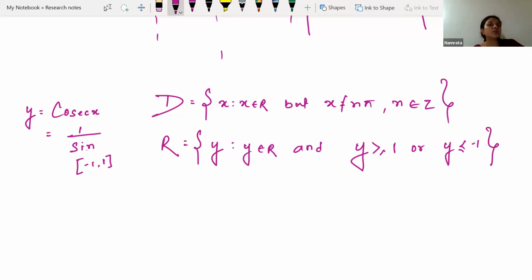Because again I'm not going to take few decimal numbers on the calculator to show you that exactly we will be getting all the numbers bigger than 1 or lesser than minus 1. Okay, here also the graph, let me plot it.